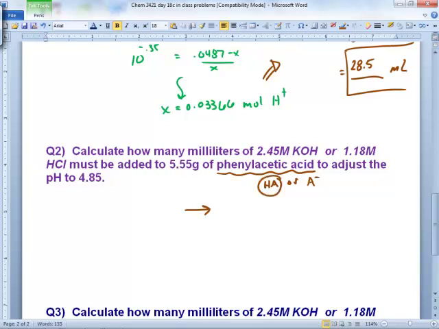So which one's going to react with HA, KOH or HCl? KOH. So you have HA and OH minus. It's going to make what? Water and A minus. Very good.